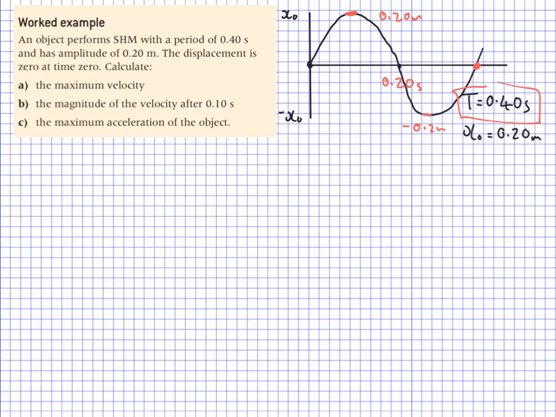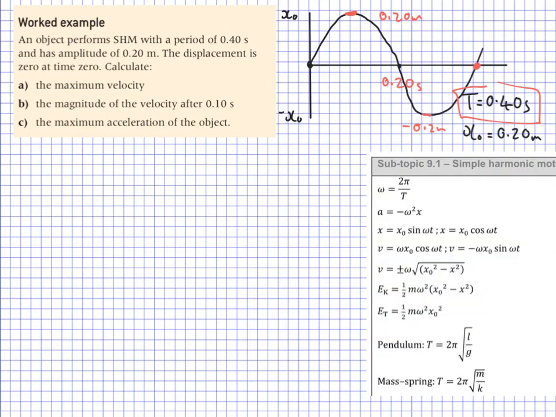What's question one? Well, it asks for the maximum velocity. So here's our data sheet, and you might be tempted to look and see if you can find a formula for the maximum velocity, and you won't find one in there. However, we did just say that if we were to differentiate this, we would find that the maximum velocity is when the slopes are the steepest.